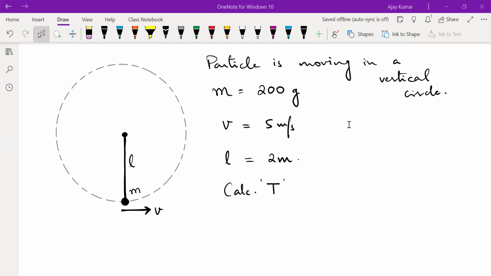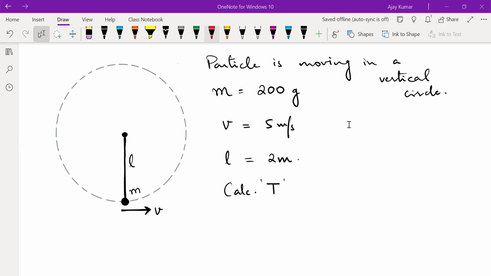Like tension, normal, weight, what are all these? Okay, anyone? Tension, normal force, friction, weight, what are all these? Forces.